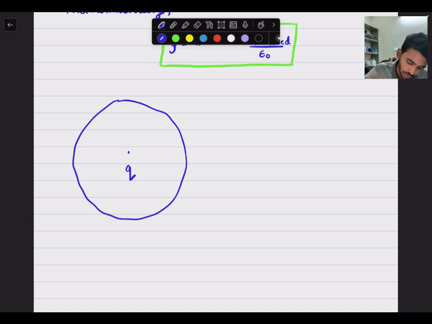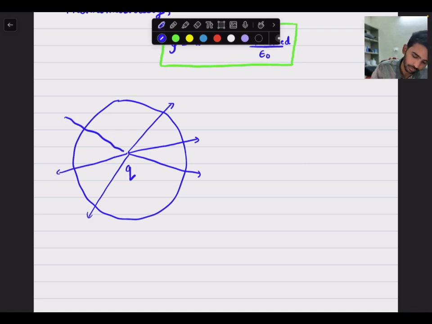So we know that the electric field lines due to the point charge would be like this. And also all the field lines would be perpendicular to the surface at which they are going out.